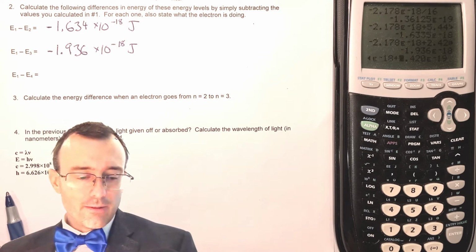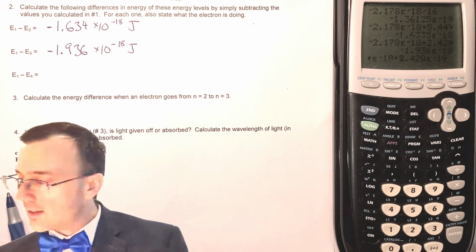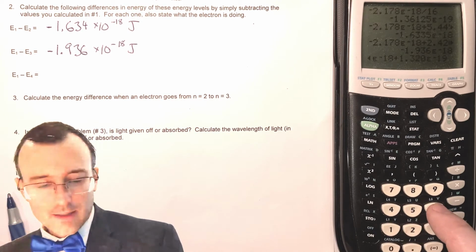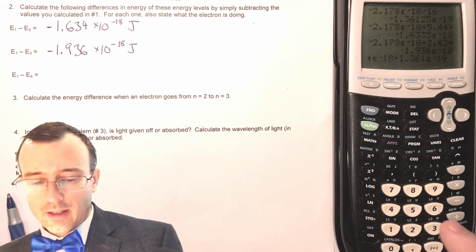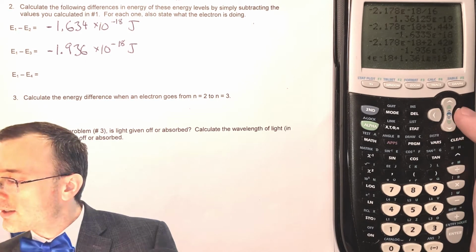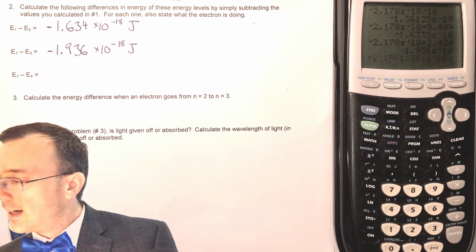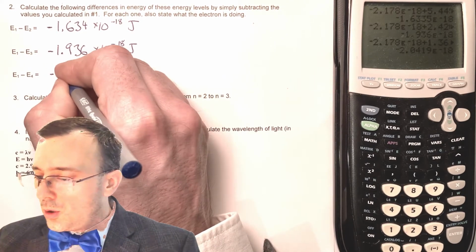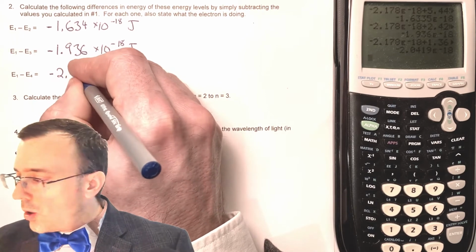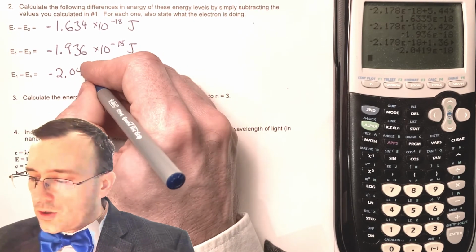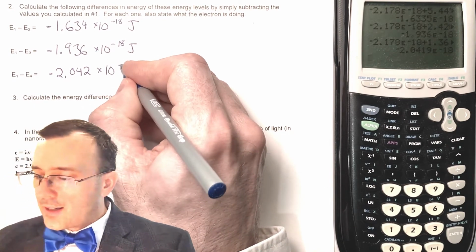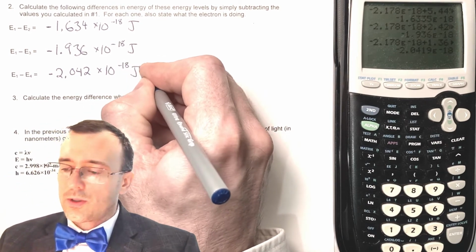And the energy value of energy level 4 is negative 1.361 times 10 to the minus 19. I hit enter, and here we go. I have negative 2.042, rounding up there, times 10 to the minus 18 joules.